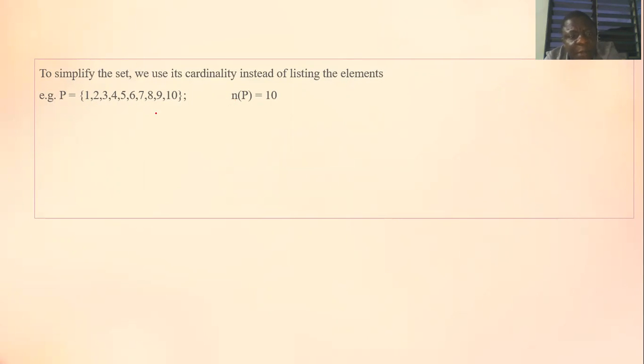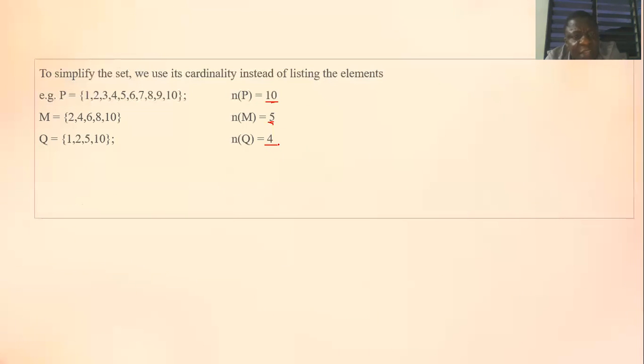So the number of elements in P is 10. M also contains 2, 4, 6, 8, and 10, meaning the number of elements there is 5. That is its cardinality. Then Q contains 1, 2, 5, and 10. That is factors of 10, and that is 4 elements in that particular set.